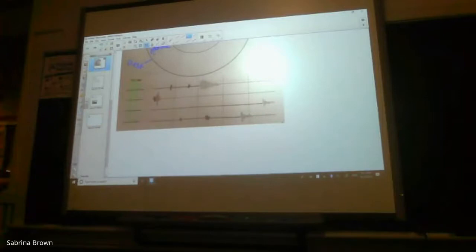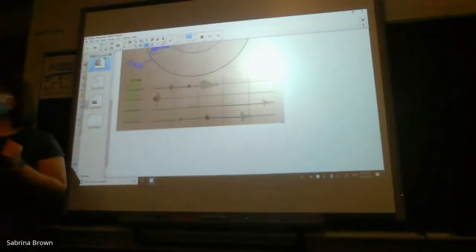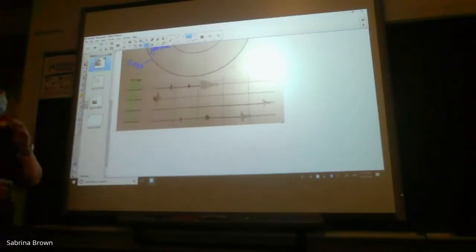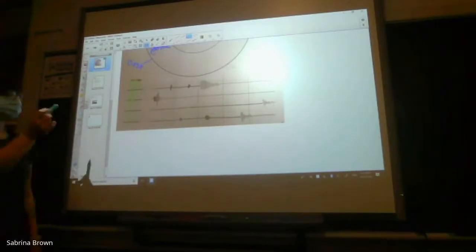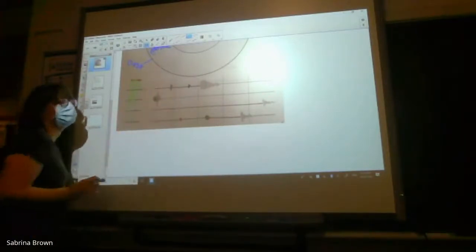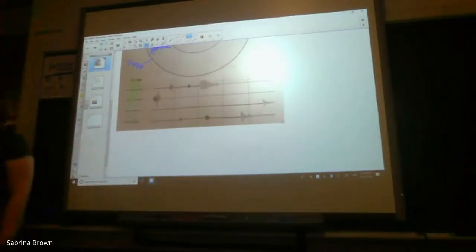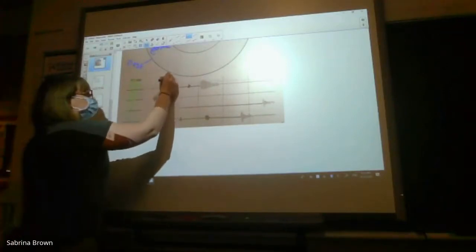And then the last thing we need to do on our seismographs is label the type of wave that's arriving in our record. So that's where those different colors come into play. So all of our medium gray ones, all of our very first waves, are going to be which, P, S, or surface? P waves, right? Primary, first ones to get there.